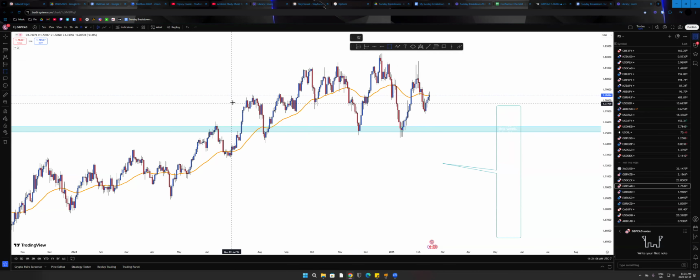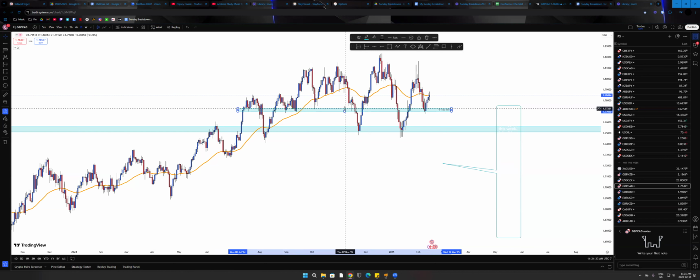There's quite a few. Okay, so we could get a double bottom there on the daily.